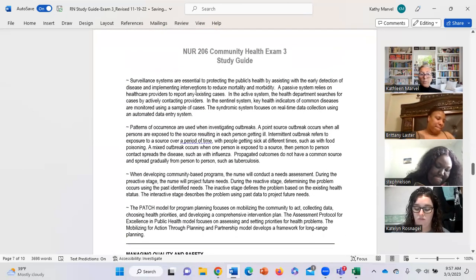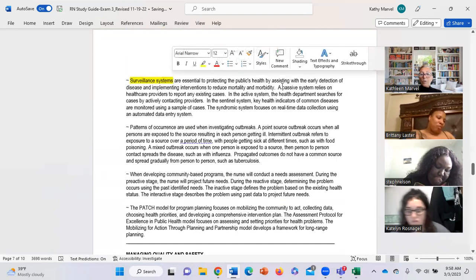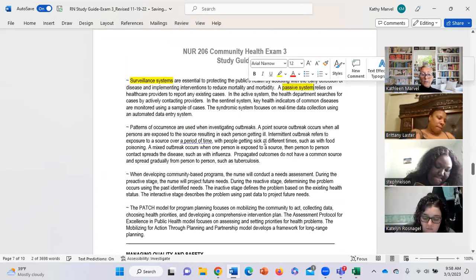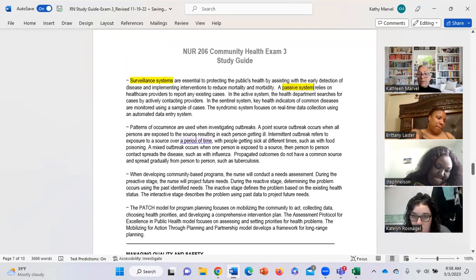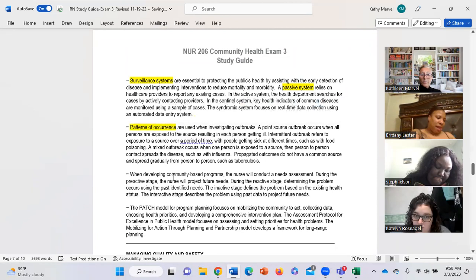Okay, few things we need to know. You need to know about surveillance systems. That's this paragraph. Okay, there's several systems. These next three bullets are all definitions. Surveillance systems, patterns of occurrence.